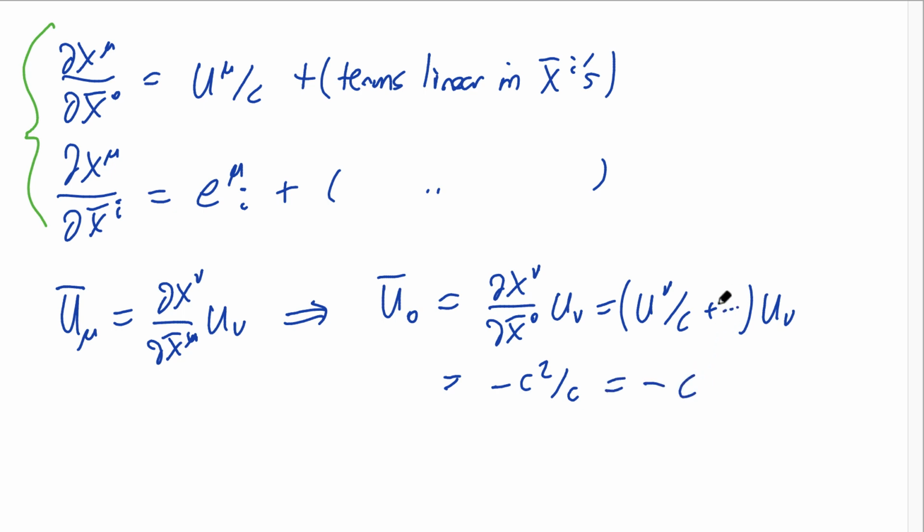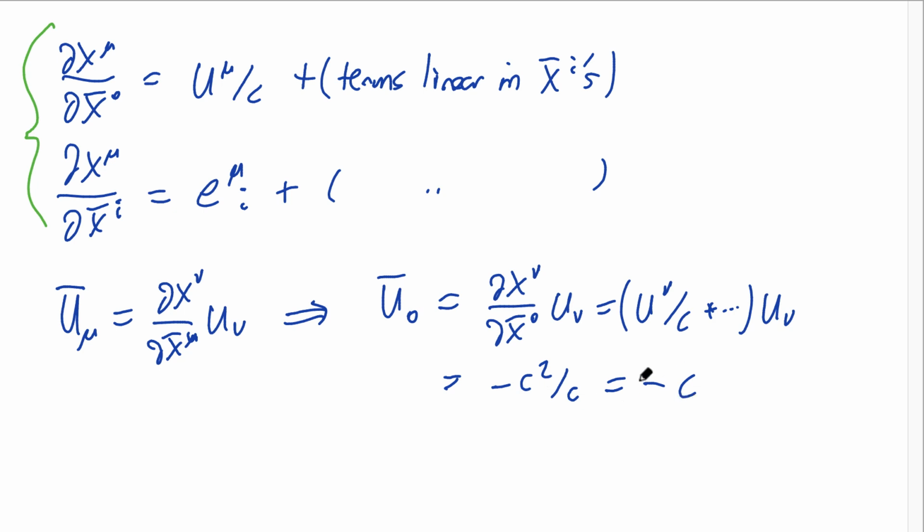And the other higher order terms here don't matter because we're really evaluating this along the world line. We're asking for what the components are of the forward velocity of the world line, and it's only defined on the world line. So here we're setting all the x bar i's, the spatial coordinates, equal to 0. So all these terms go away.